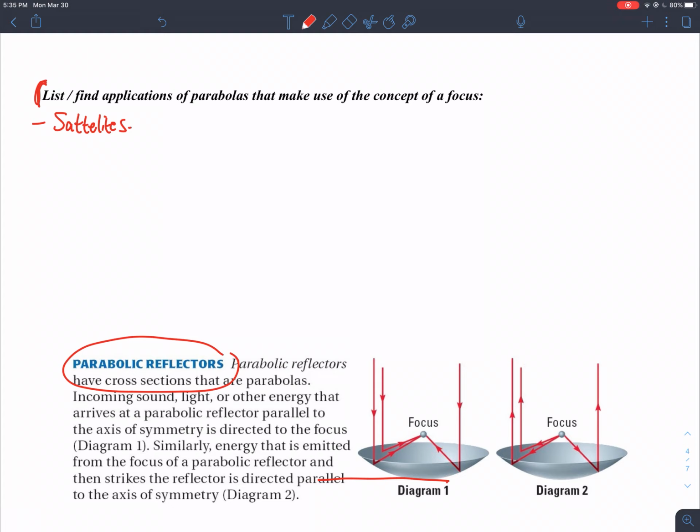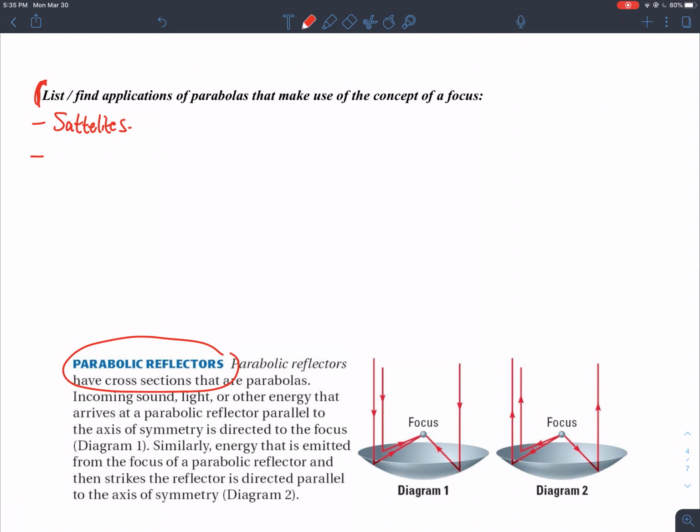So satellites use the underlying concept of a focus in relation to the parabola to operate. Okay, so satellites are one, and then the other one would be, what would you call this? Something to generate electricity.